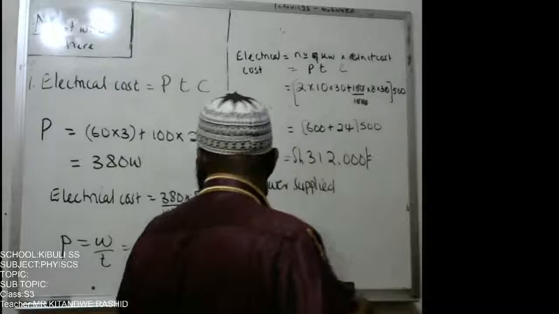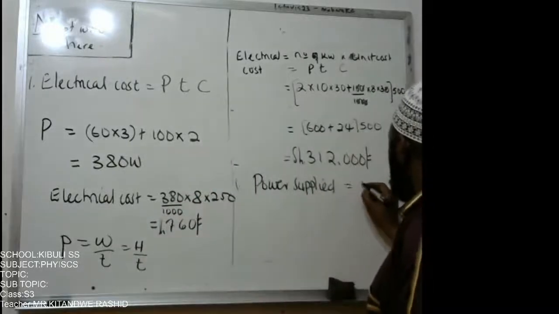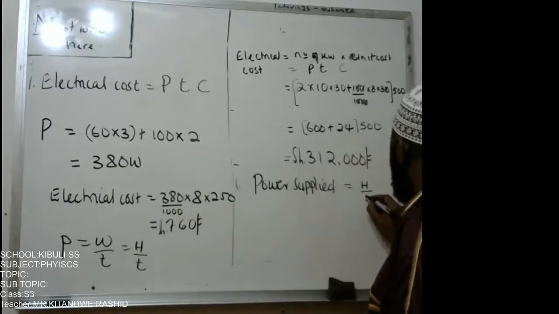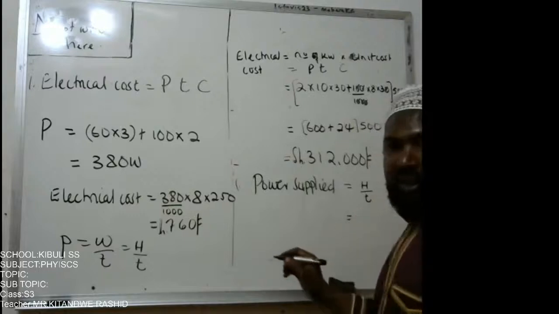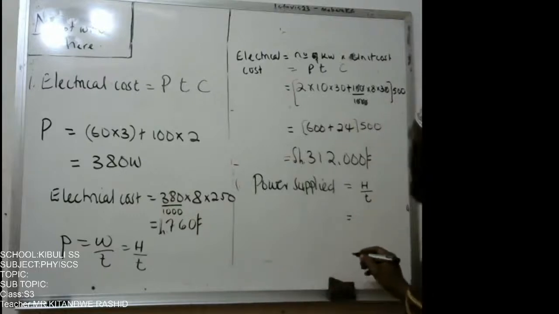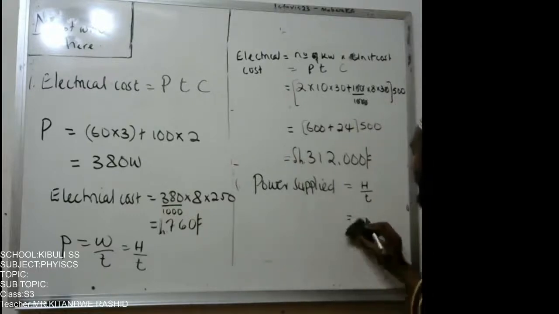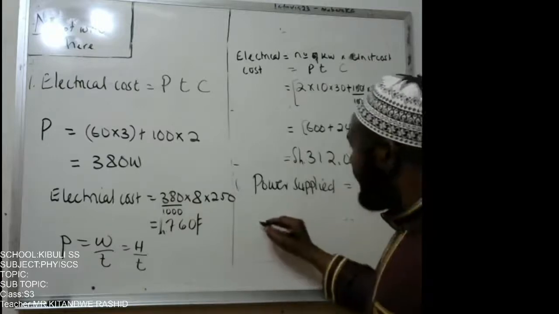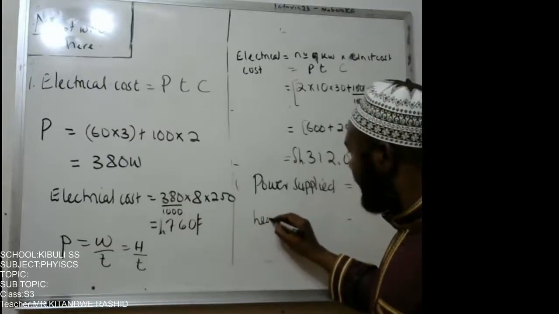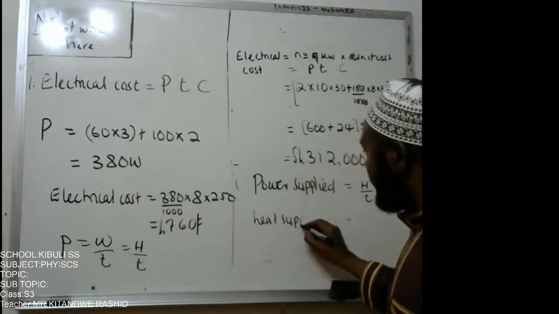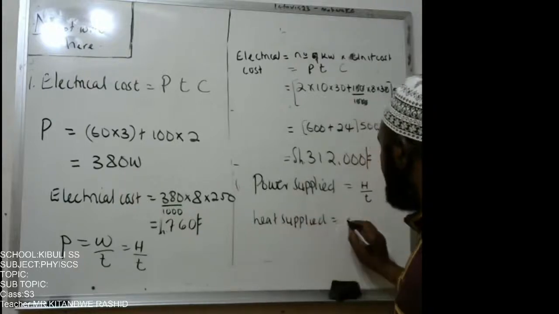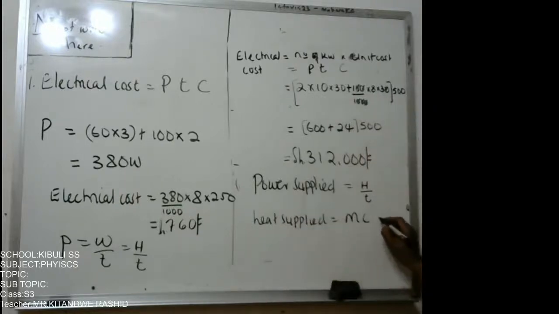So now we'll be using the heat energy divided by time. Now the heat energy, according to the question, is given in terms of heat supplied. So we are now going to say heat supplied is equal to mass times specific heat capacity times temperature change.